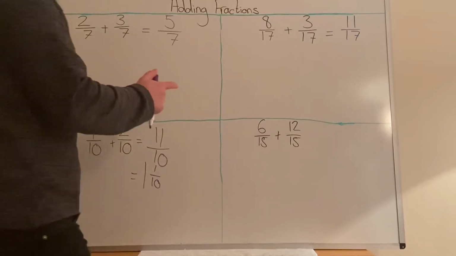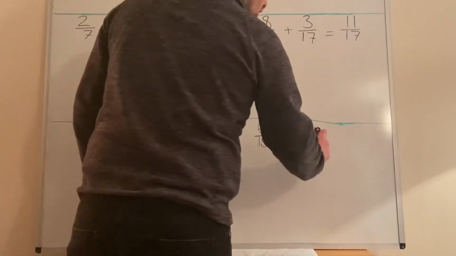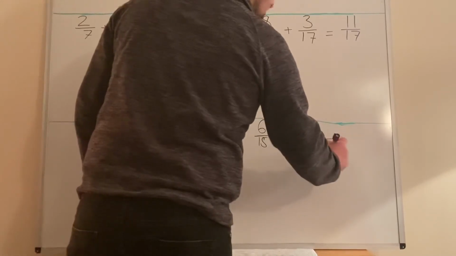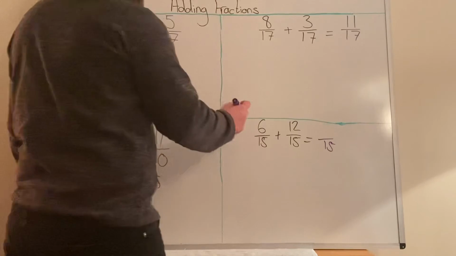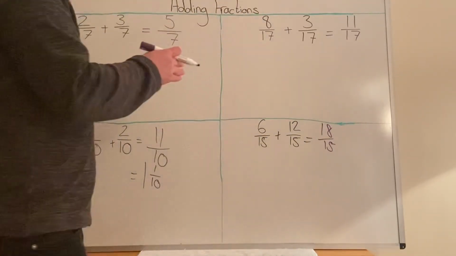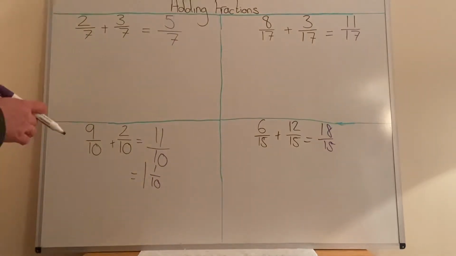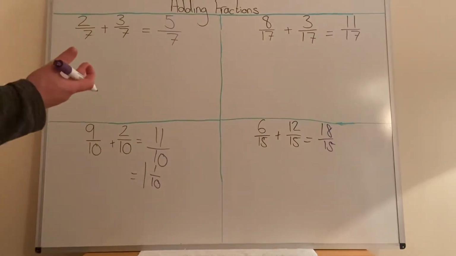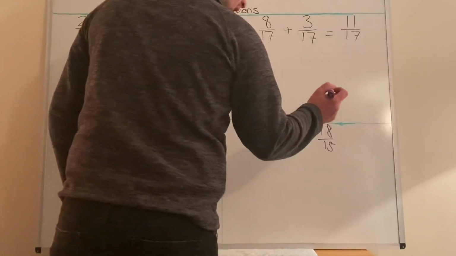Last one then. Do we add the denominators? No, we don't add them because they're the same already. We're just measuring how many 15ths we've got. 6 plus 12 is 18. Now, what was a special name for this fraction that I used here? This is a top-heavy fraction. We can't have that. We need to simplify and make it look nicer. So how many 15s are there in 18?